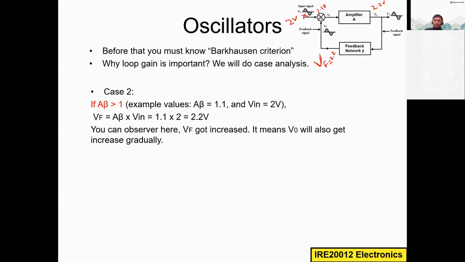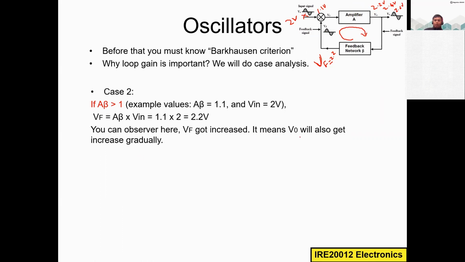So what is happening here? We increase the input to a certain level. You can observe here that VF got increased. If VF got increased, then V out will also get increased, because this happens repetitively again and again. The signal is flowing very fast through this network, so the signal value will increase more and more. The next round, maybe it will be 2.4 volt, after that 2.6 or 2.8 volt, and so on.